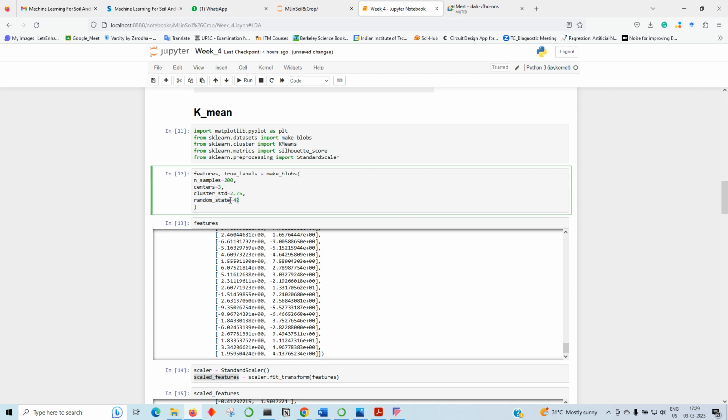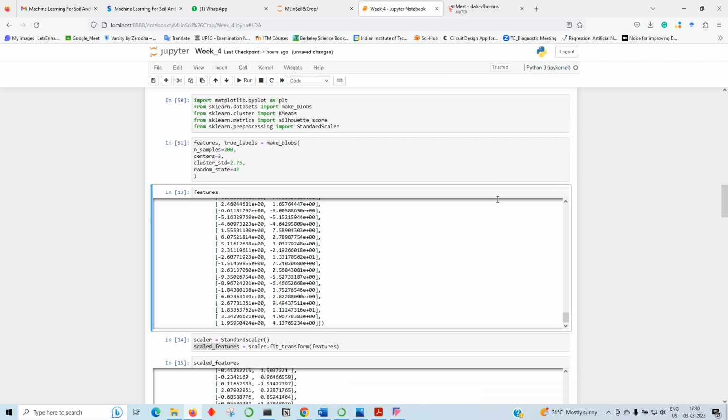So we seed the randomness. When we say random state 42, it means there is a fixed randomness, a fixed value that it is going to give to the features. If I were to give 41, then another value will come, but that will be fixed. If I don't change from 42, that will be fixed. So we are going to use 42. Let's just import them first and then use the random state 42.